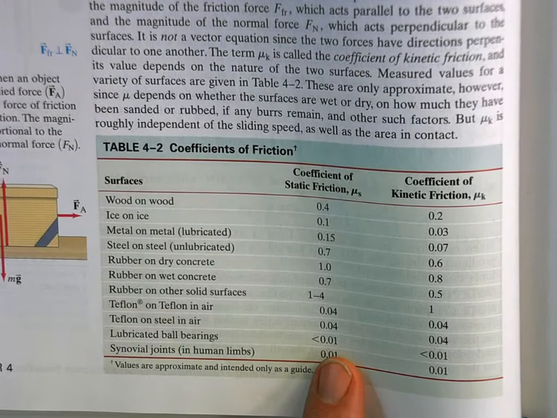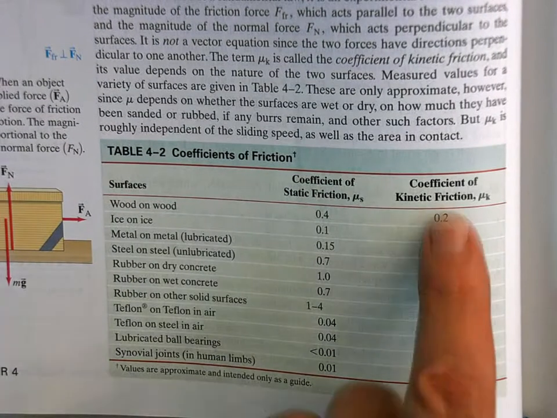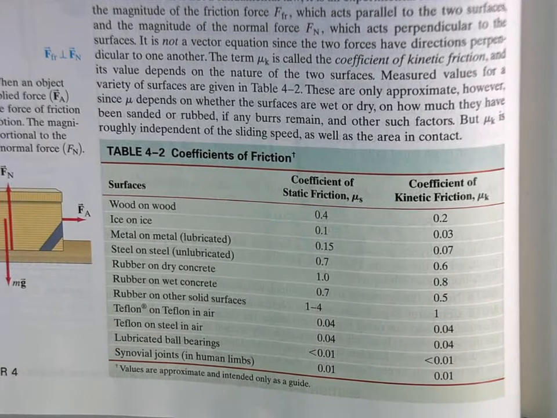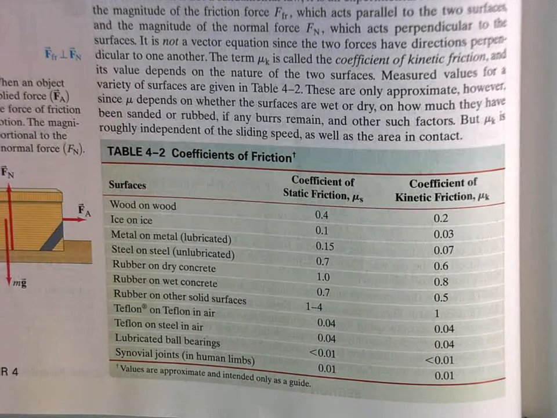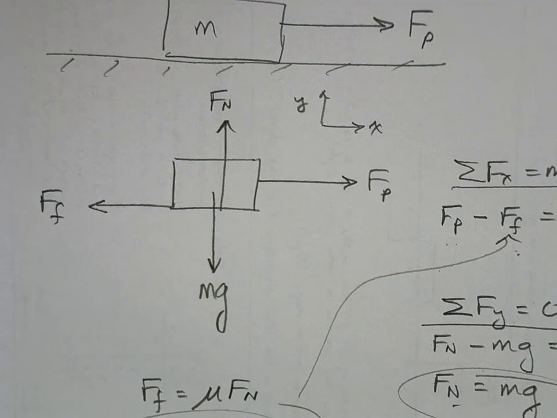If you need that maximum static friction, you can look it up here, or here you have the coefficient of kinetic friction. Usually on the test, I'll give you the coefficient of friction, or you'll be solving for it, okay?